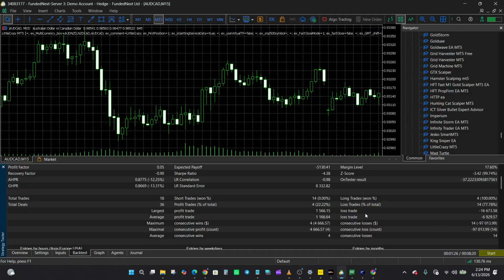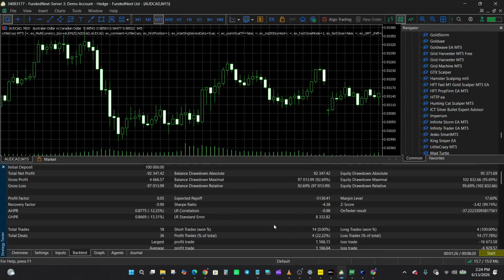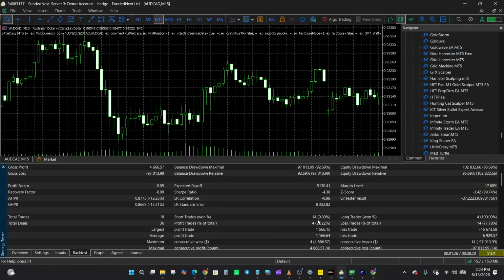The average risk to reward ratio is poor, but that's not even the only thing. The EA has a bad risk to reward ratio, and it also has a bad win rate. So when you put two of them side by side, well, it's not exactly surprising to see a 92% drawdown, 92% decline in the balance. Well, it's not exactly surprising with this kind of win rate and risk to reward ratio.